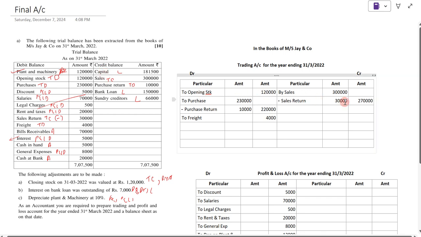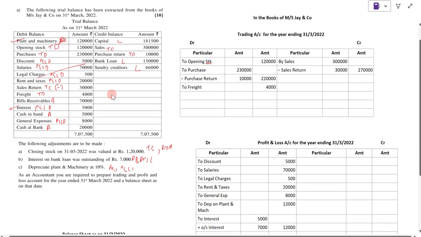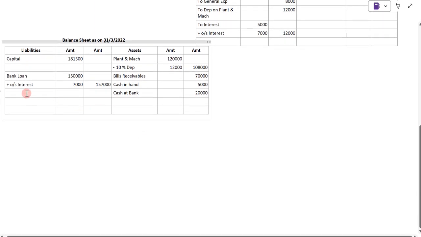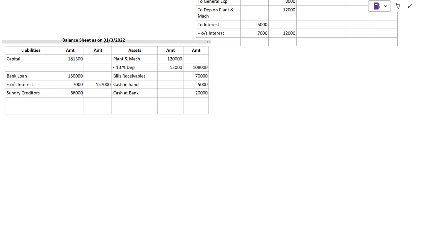Then sales, we have already posted the entry in the trading account credit side. Purchase return already done. Then bank loan already done. Now what is remaining? Sundry creditors 66,000. Okay.